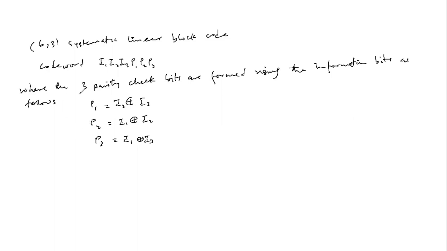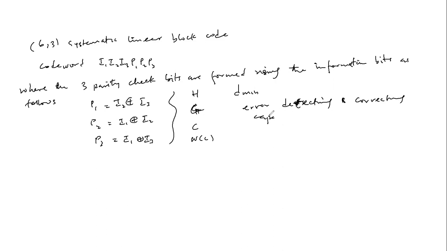So in other words, we want to determine the parity check matrix, the generator matrix, and all possible code words. We want to determine the minimum Hamming weight, the minimum distance, and the error detecting and correcting capabilities.